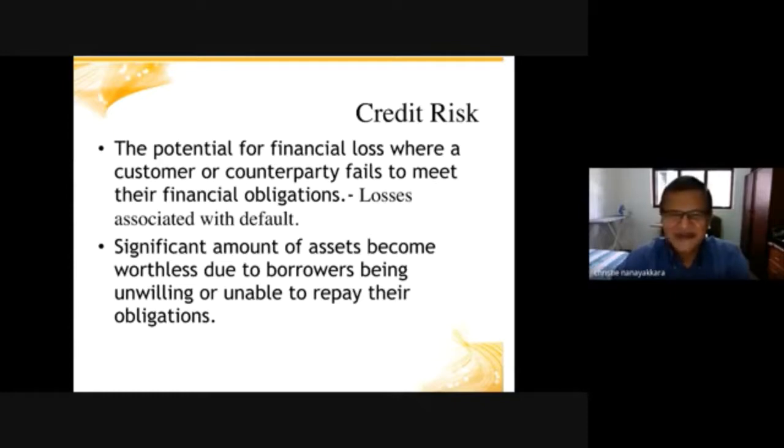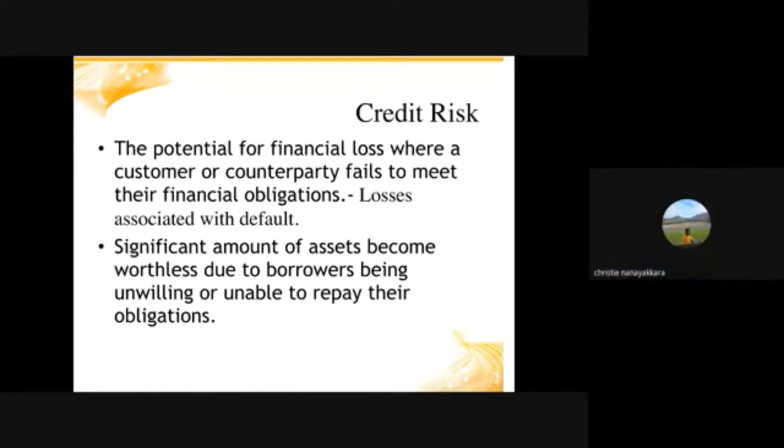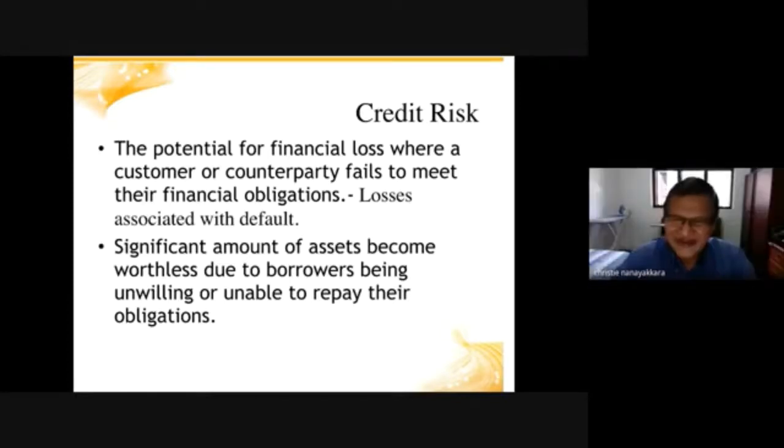Failing to meet a financial obligation means he is defaulting on the bank. So if a customer defaults to pay either capital or interest in an agreed period, we call it a credit risk.